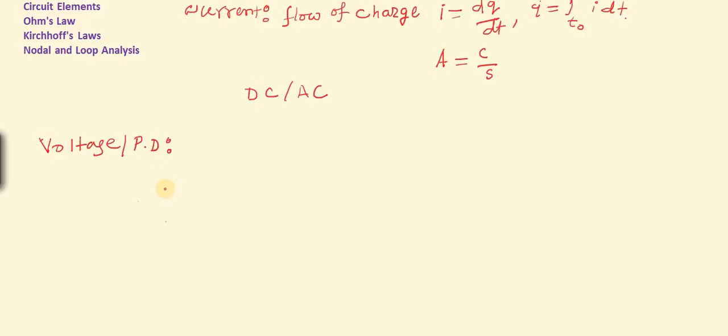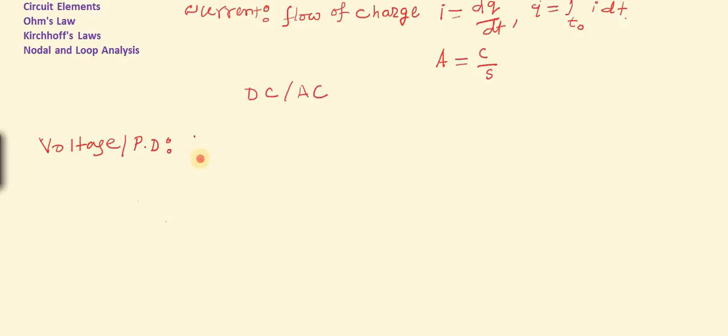Potential difference or voltage is always measured between 2 points in any system, and this voltage is defined as the energy required to move a unit charge through an element.